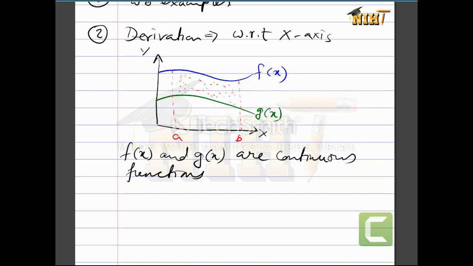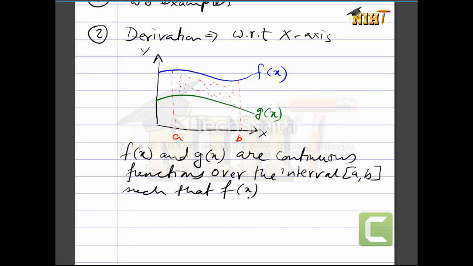So we can add to our description of the problem as f of x and g of x are continuous functions over the interval a, b, such that f of x is greater than or equal to g of x on a, b.